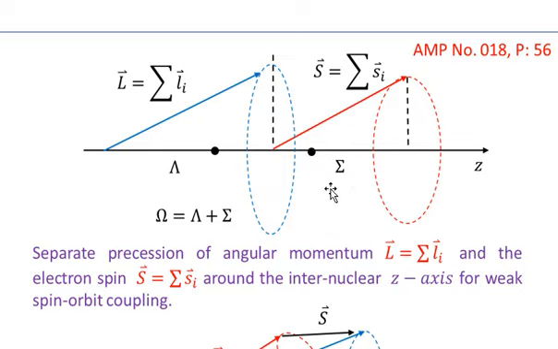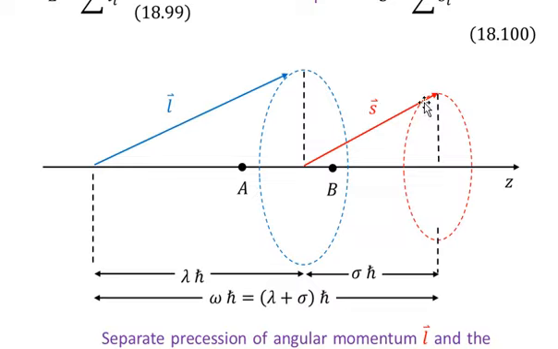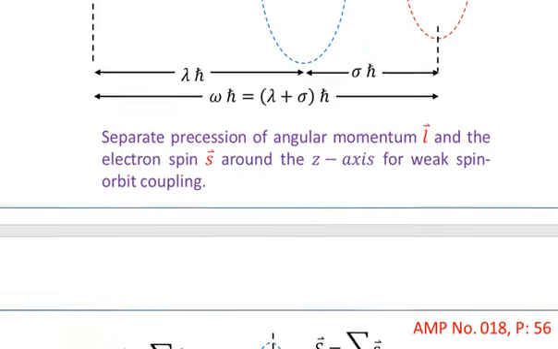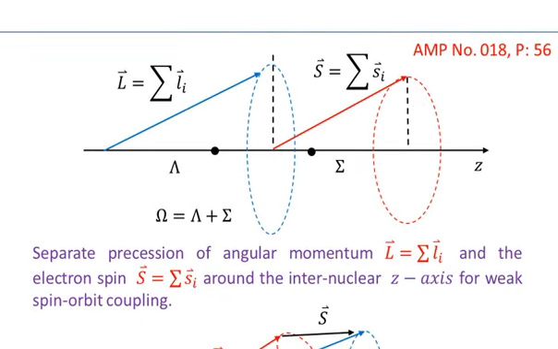In the previous figure I used small lambda as the projection of L and small sigma as the projection of S. Now, since I have capital L and capital S due to many electrons, I have used the symbols capital lambda and capital sigma.